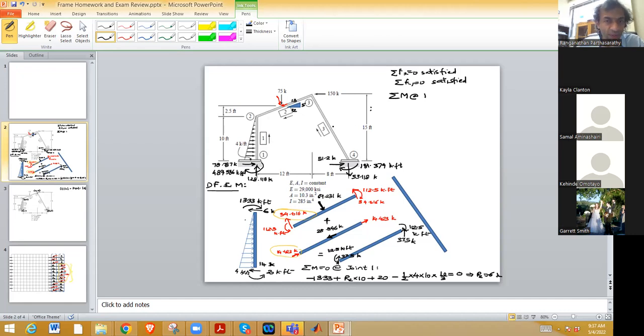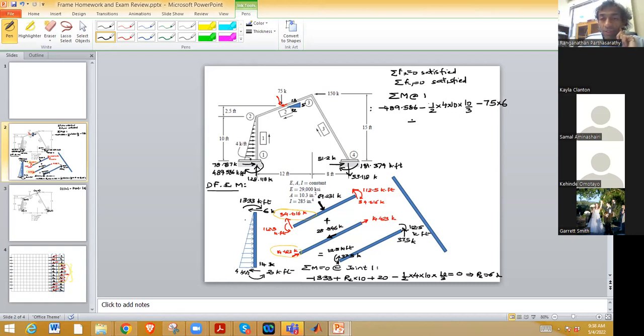So you have negative 489.586. Then you have, what do you have due to this 4 kip feet? So you have negative 1/2 of 4 times 10 times 10 by 3. Then you have negative 75 times 6.